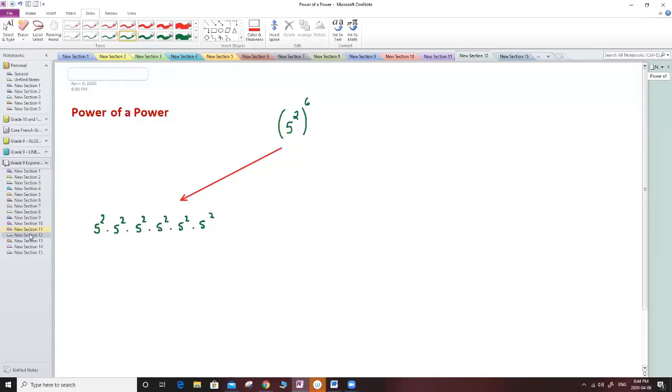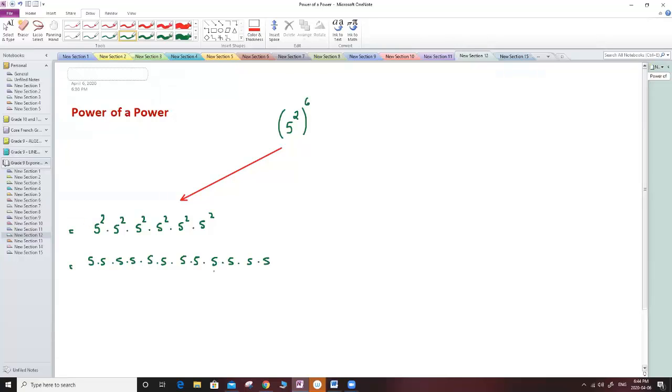But I need to break down each 5 to the power of 2. That means 5 times 5, and in the second one, 5 times 5. The third one, I'm going to break it down to 5 times 5. So there are 1, 2, 3, 4, and more 5 times 5.